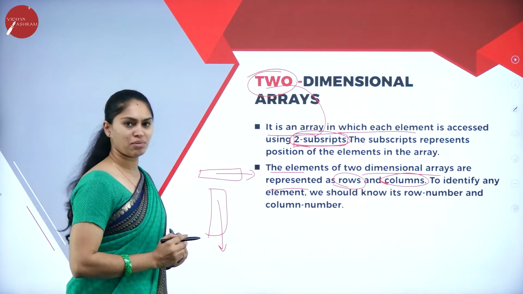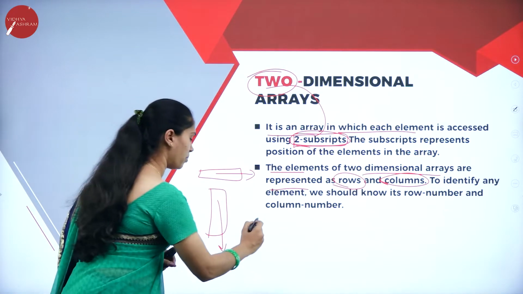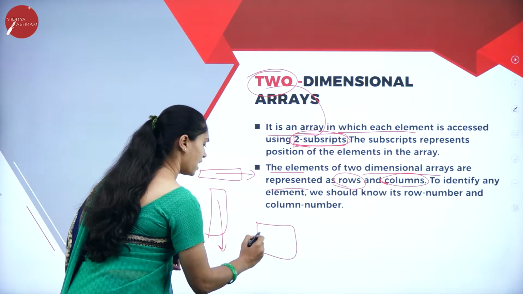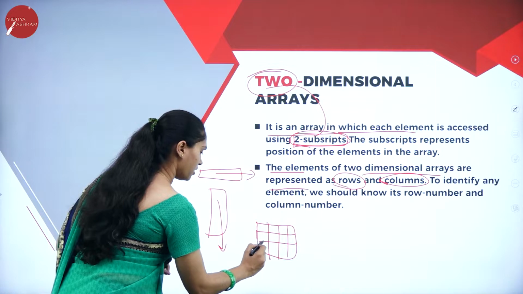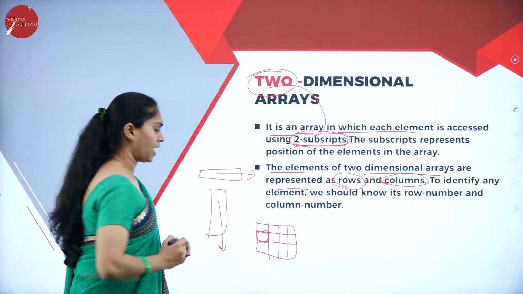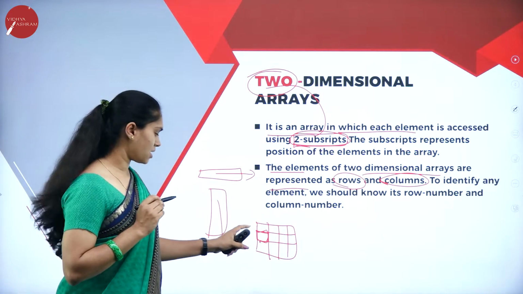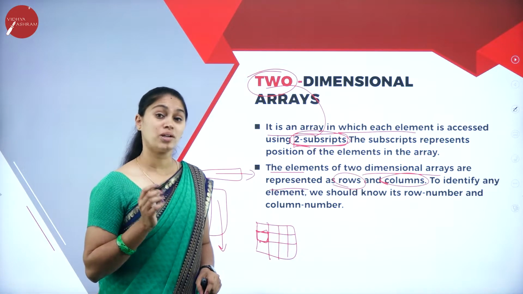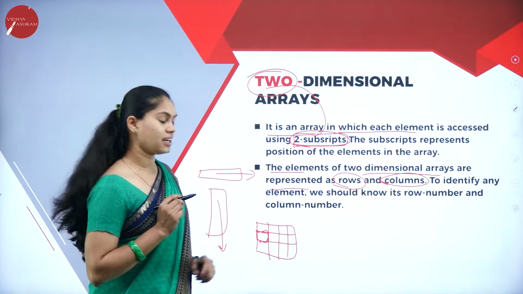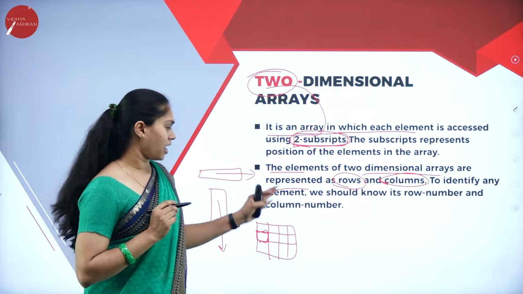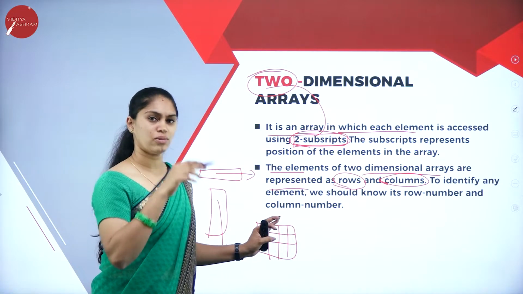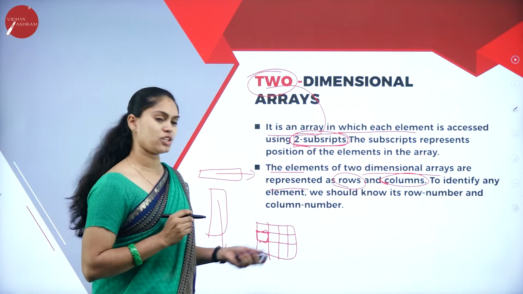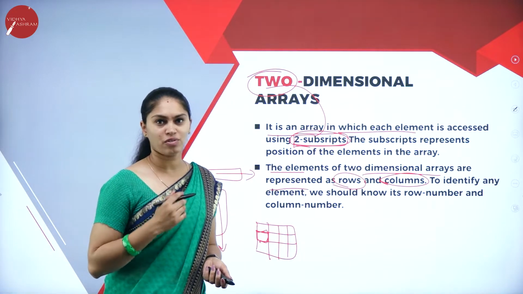But in the 2-dimensional array, we represent the set of elements as rows as well as columns, and within this we write the element value. This represents the subscript or position of an element in the array, so we must know the number of rows and number of columns. Then it specifies the size of an array.